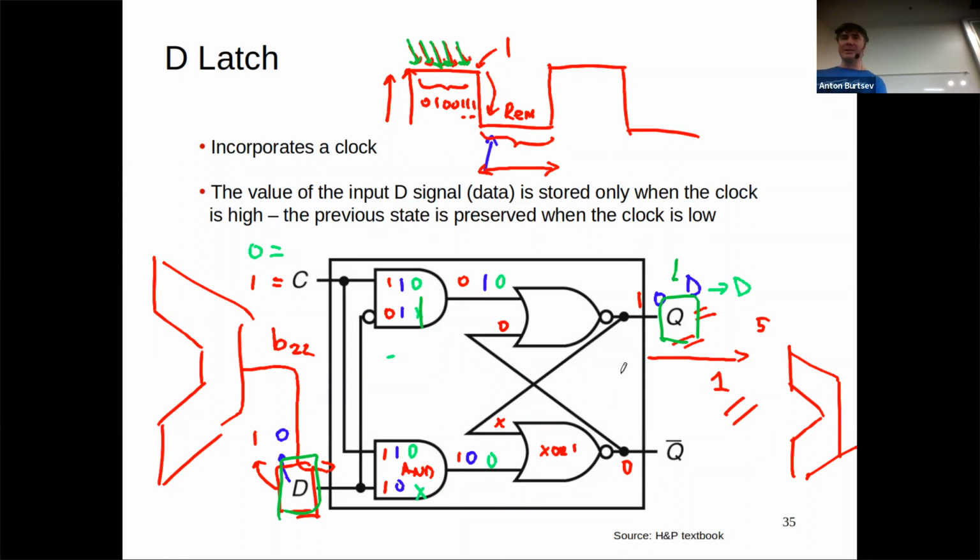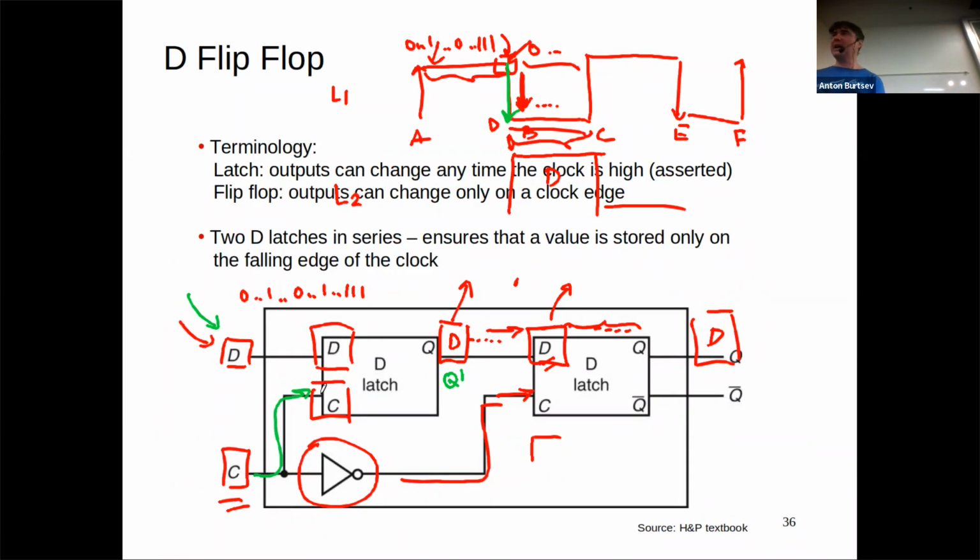So the same happens here. The clock is high for the first duration of a cycle, so this value D is reflected as Q prime. But the moment the clock goes down, Q prime stays stable. And this Q prime serves as an input to the second latch, and for this latch, the clock is high exactly at this moment. So it will remember it and propagate it here. And when the clock actually went down, this D still stays. So essentially, it remembers the value of D here, and it will keep it for the duration of the entire cycle.